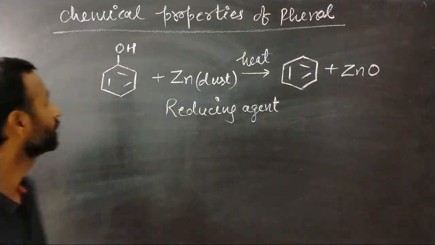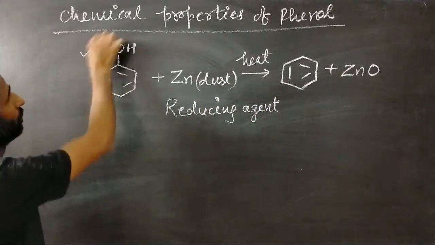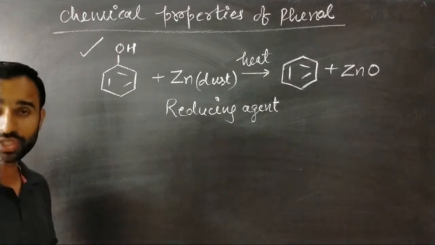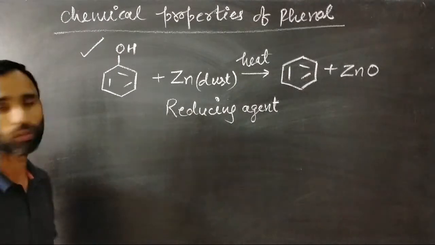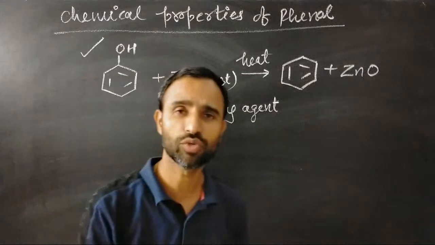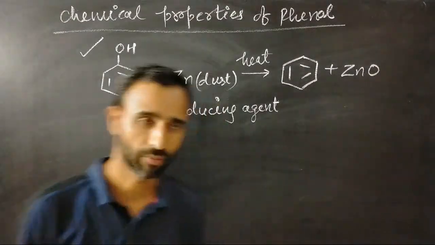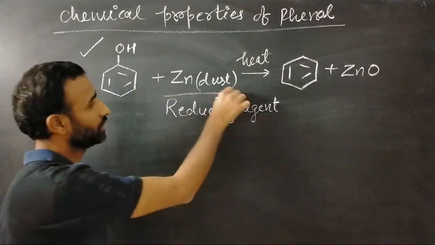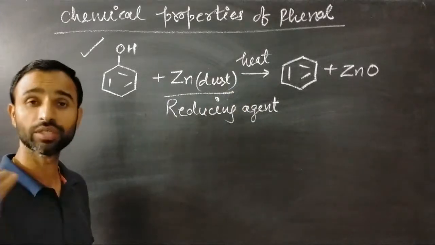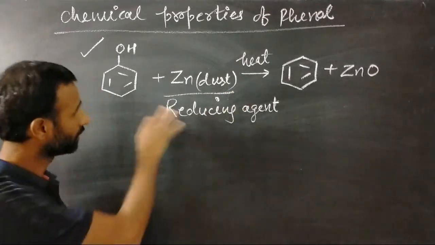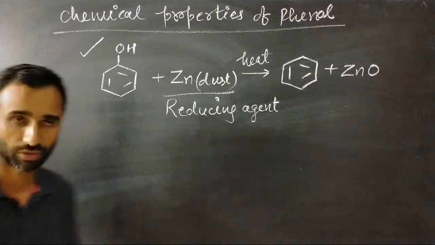Okay, so this is the reaction of phenol with zinc dust. Metals are strong reducing agents. Okay, and here zinc is used because the reaction is gentle with zinc dust.